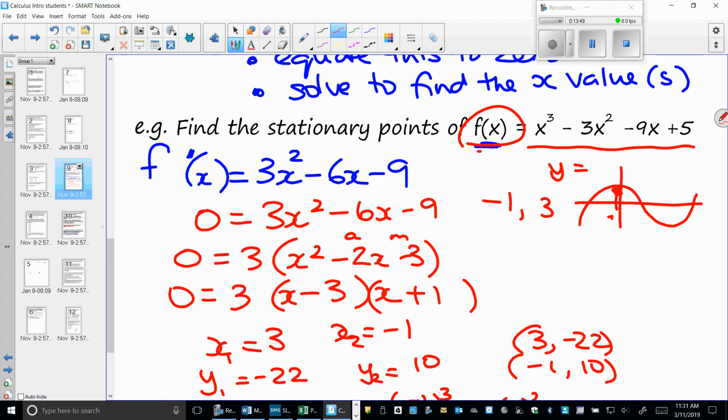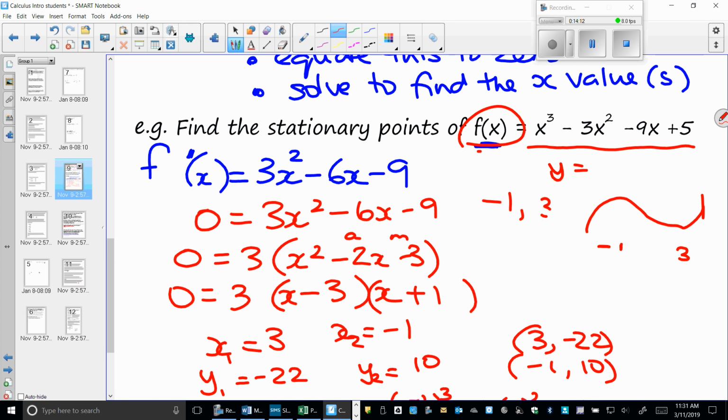Sorry, for x, not y. So the x is our x values, which means that in the order of it, this one here must be where x is negative 1, because the way we label our axes, it's our negative numbers and our positive numbers going up. And this one has to be when x is 3.